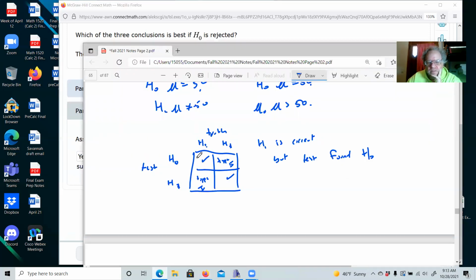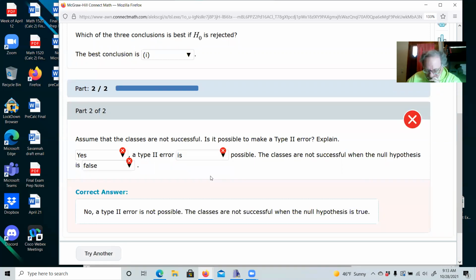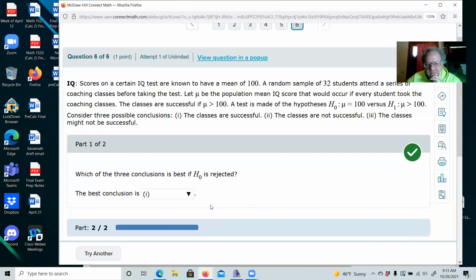Type 2 error, the null hypothesis was not true, right? We were talking about the alternative, that the classes worked, but we failed to detect that they worked. Fingers crossed. All of them wrong. The type 2 error is not possible. Type 2 error is always possible. What are you talking about? The class is not successful when the hypothesis is true. I'll take the word for it.